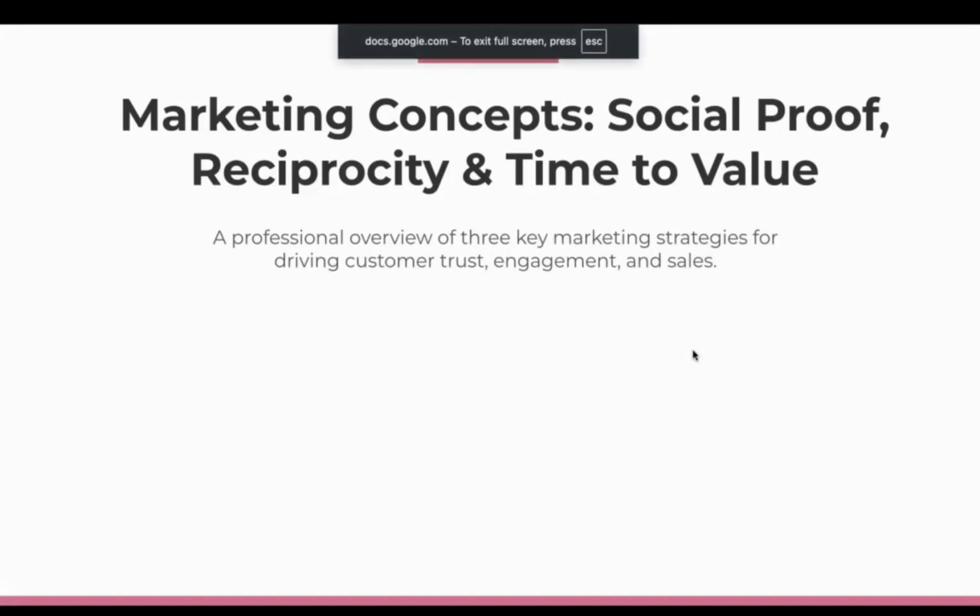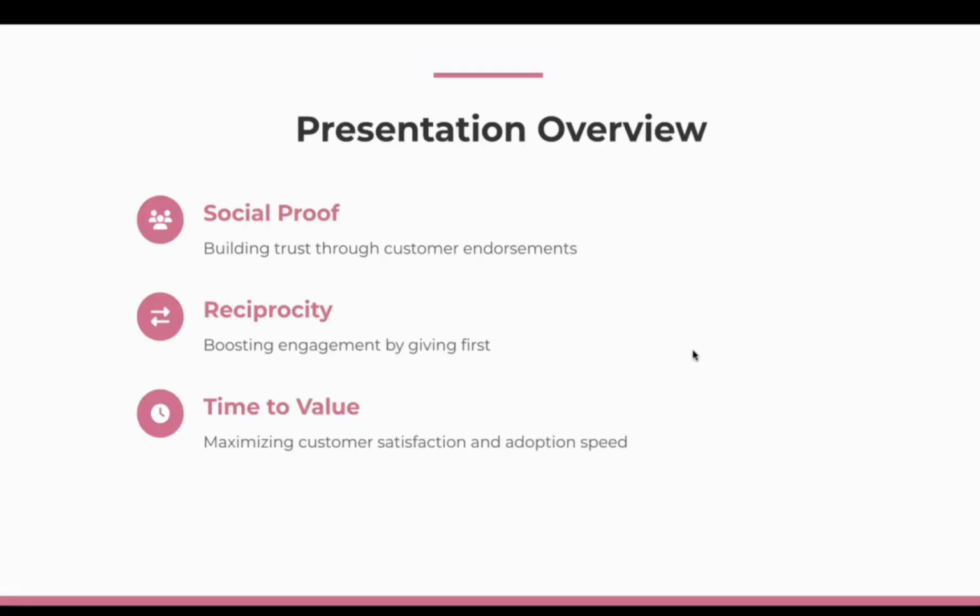All right, we're going to talk about marketing concepts as far as social proof, reciprocity, and time to value. This is going to be a professional overview of the three key marketing strategies for driving customer trust, engagement, and sales.